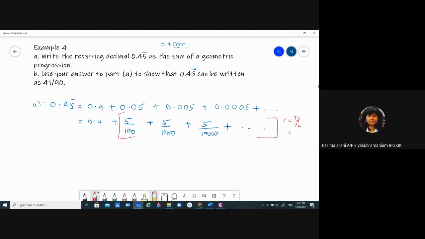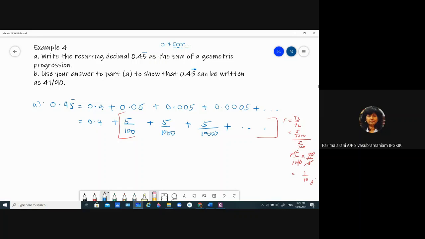For example, 5 over 1,000 divided by 5 over 100. This is 5 over 1,000 times 100 over 5. So we have 1 over 10. R is 1 over 10. If you do term 3 over term 2, you'll get the same thing. Term 4 over term 3, also the same thing. So this part is a geometric progression. Because we have a common ratio, we have answered question A.